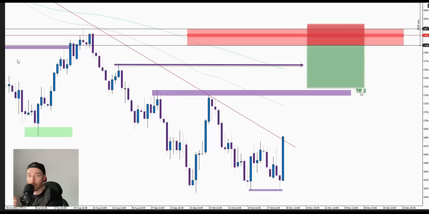TP2 will use exactly the same logic, where you get another possible zone of break retest where the price will struggle to go below, and therefore will have to pull your TP. By that time, if you're looking at this specific trade, the move all the way down is getting awfully close to the 38, and therefore would be considered as the final TP for me if it was to be considered as a short, which it is actually.